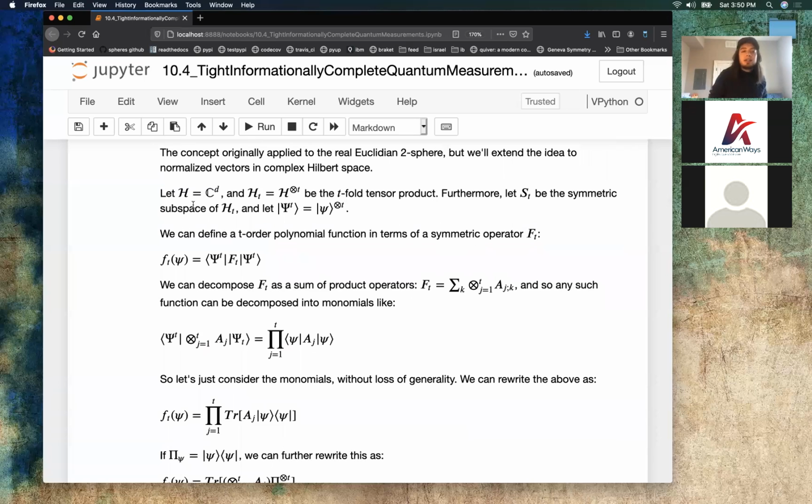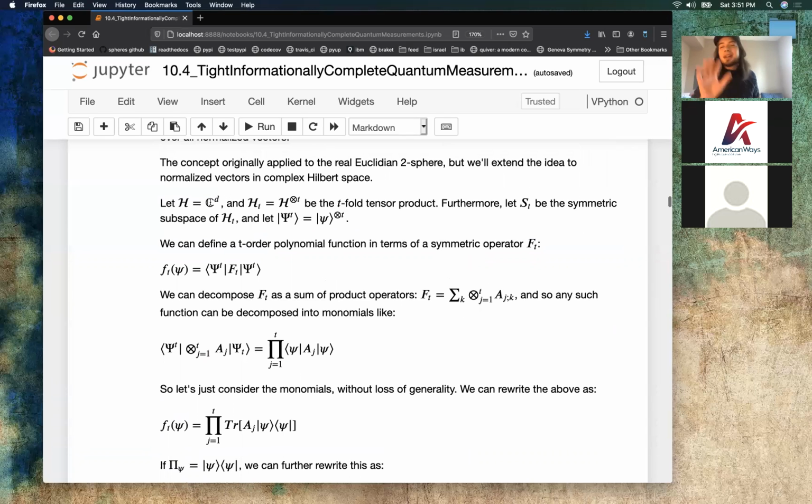So we've got our Hilbert space, a complex vector space of dimension D. Now, one of the things about this paper, if you read it, well, never mind, I won't mention that now. Okay, so we've got our Hilbert space.